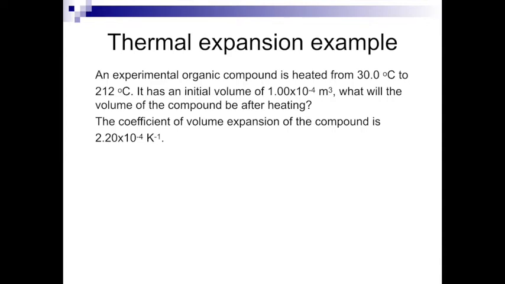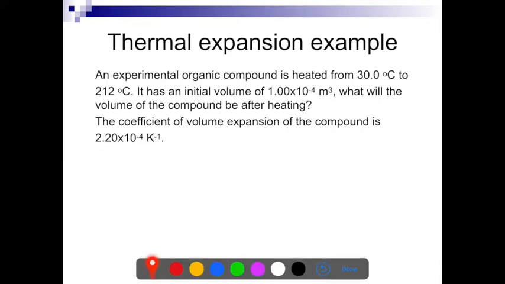We're given the initial temperature, which I write as T sub 0, and that's equal to 30 degrees Celsius. We are given the final temperature, which I'll write as T sub F, T final, is equal to 212 degrees Celsius. We are given the initial volume, V0.